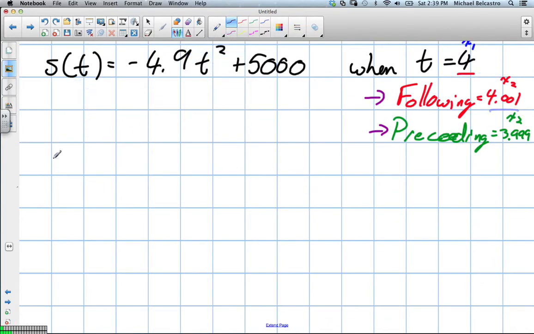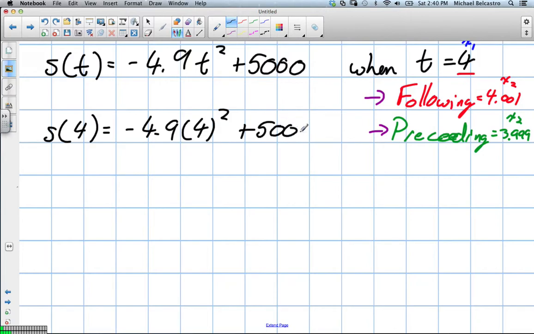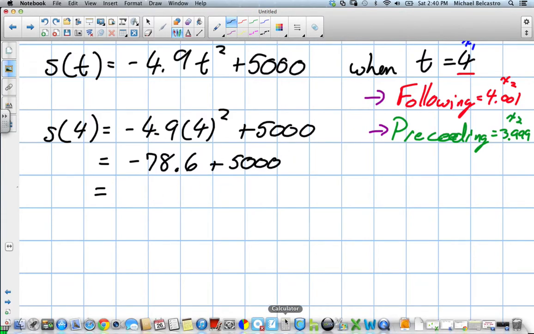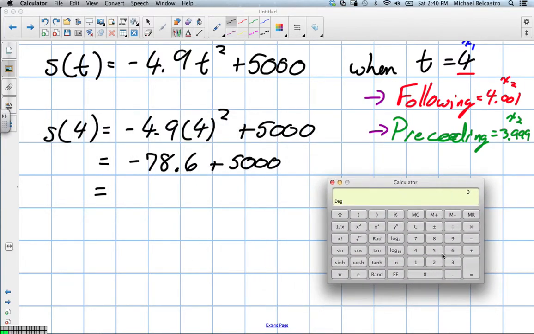And actually, in the preceding question, we've already solved for it. S at 4 is equal to negative 4.9 times 4 squared plus 5,000. That becomes 16. 16 times negative 4.9, I think, is negative 78.6, plus 5,000. I'll double check on our calculator to make sure. 16 times 4.9 is negative 78.4.